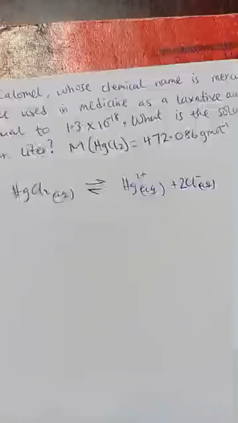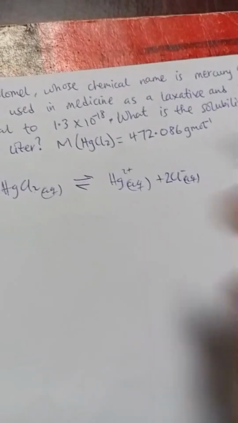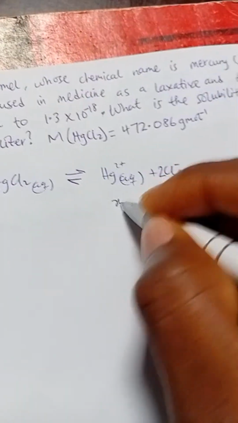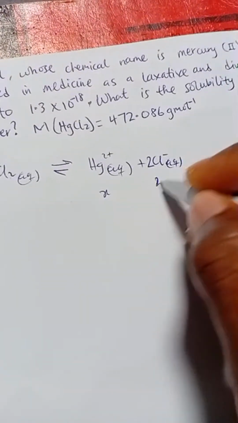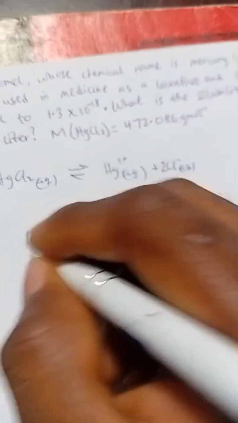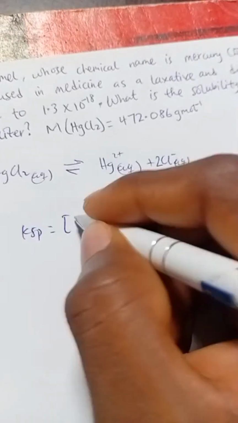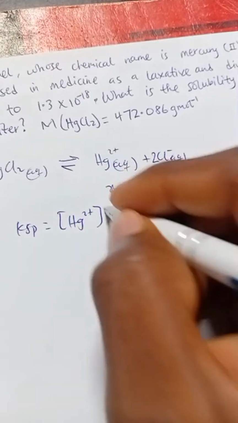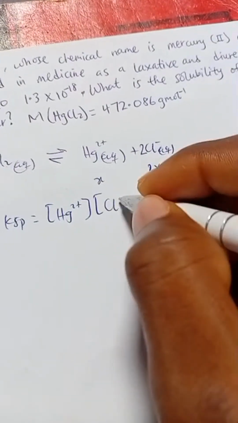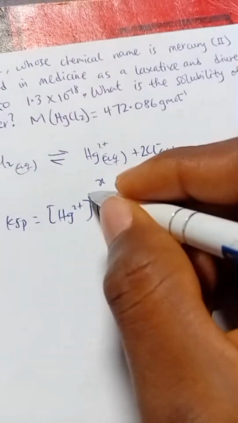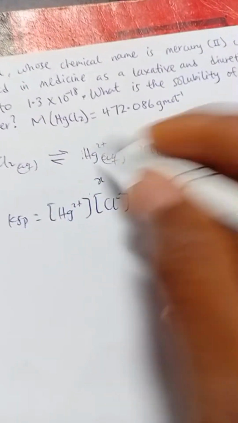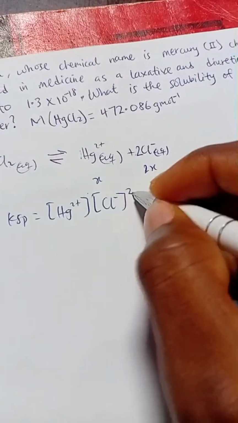We have to balance the equation first, isn't it? Mercury 1, Cl2, so Cl must be 2. So if the solubility is X, mole ratio 1 is to 1, so here it's X, mole ratio 1 is to 2, so here it's 2X. That's it. Ksp equals concentration of Hg2 plus multiplying Cl minus to the power of its stoichiometric coefficient, 2.